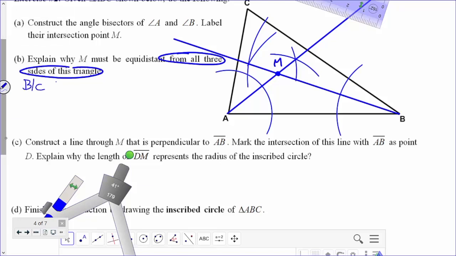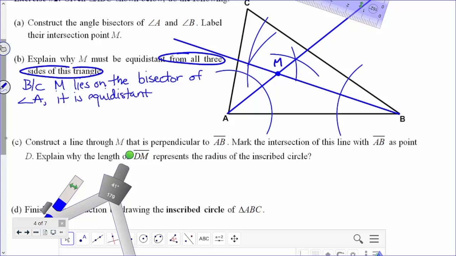Okay, because M lies on the bisector of angle A, it is equidistant from side AB and side AC.